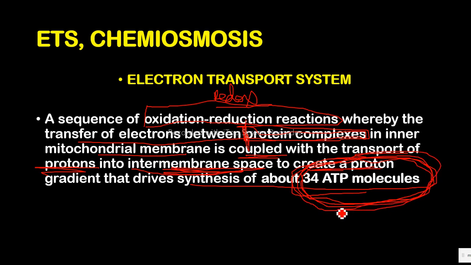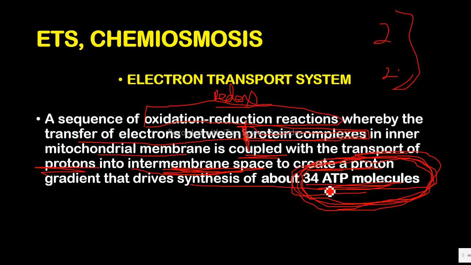So the other ones, they are just like, which word should I use? They are just residues. Okay, they are not residues, but those ATPs that are formed in glycolysis, there are two of them, and the two ATPs that are produced within the Krebs cycle, they are just small.